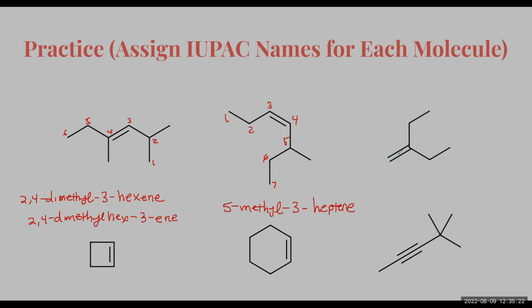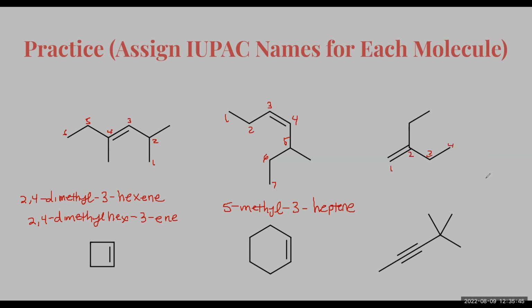The next example, this one right here, I'm going to find the parent chain. It's always going to be the one that gives the alkene the lowest number. We wouldn't want to go in this direction. Instead, it'd be better to go in this direction for our parent. If we go in that direction, we have 1, 2, 3, 4.